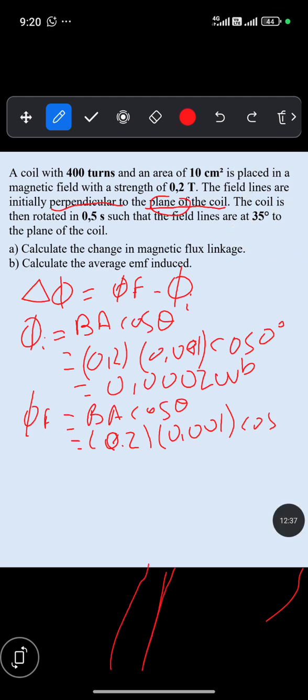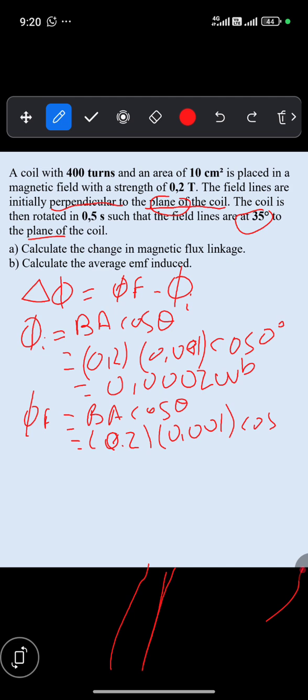Right, then we look at the angle now. For the final flux, the angle there is what? 35 to the plane. So this is not the normal 35, because the word normal or the word axis is not there. When you see the word axis or the word normal, then you take the angle as it is.